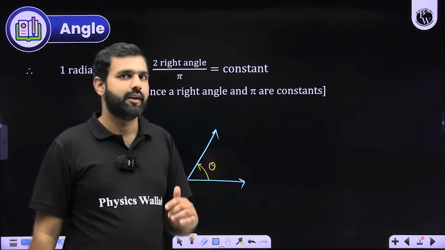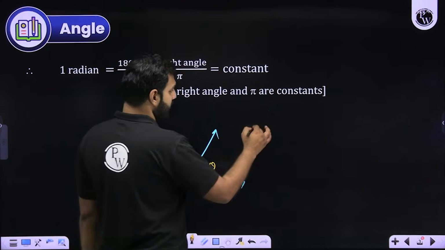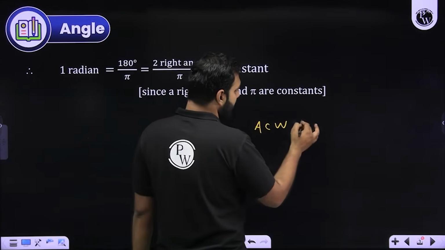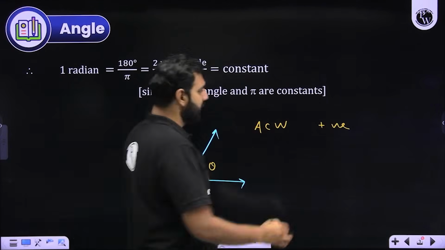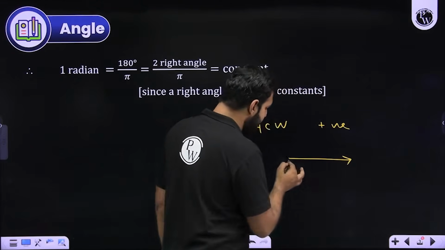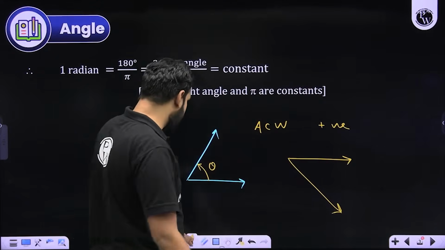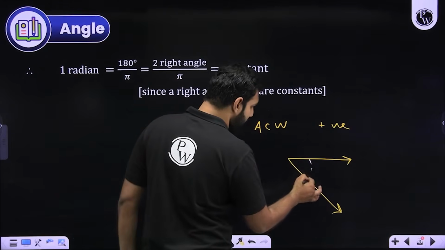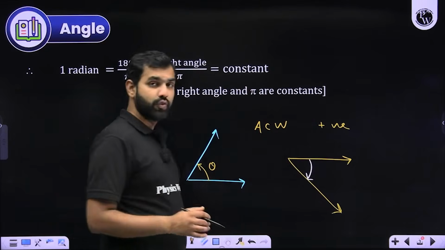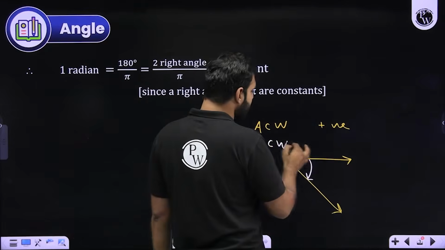Always remember that whenever you measure an angle in the anti-clockwise direction, you read it positively. But let's say this is the initial position, and let's say this is the final position. From initial to final, I hope you're realizing, I'll have to travel in the clockwise direction. So whenever you measure an angle in the clockwise direction, you always read that angle negatively.